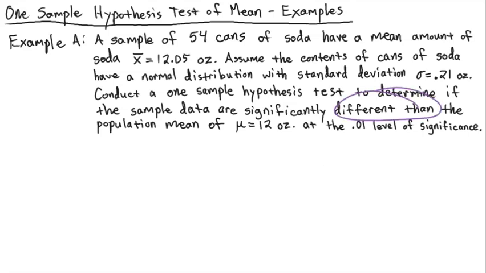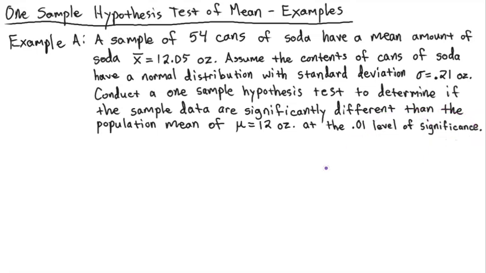It says different than. This indicates a two-tailed test. This indicates a not equal to alternative hypothesis, okay, are significantly different than the population mean of mu equals 12 ounces at the 0.01 level of significance. So 0.01 level of significance, that is our alpha, okay?